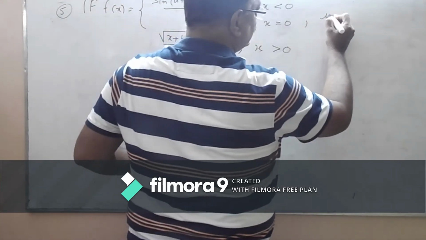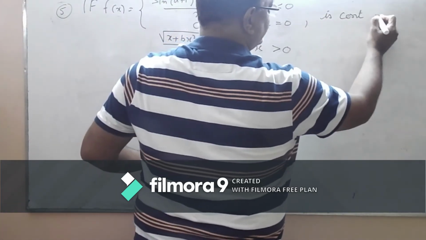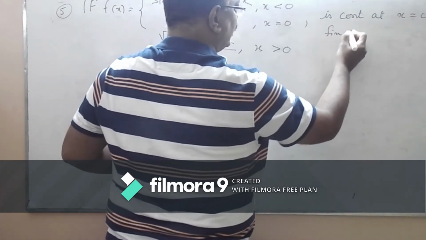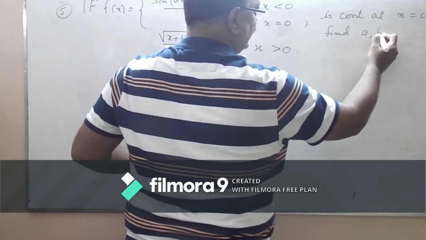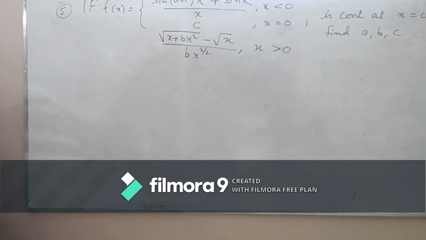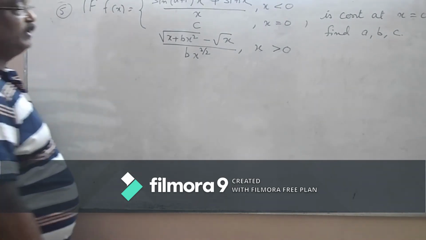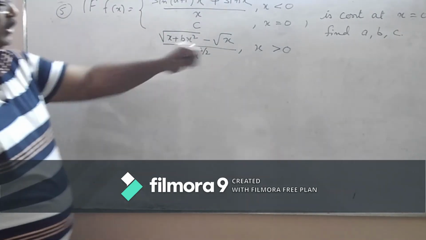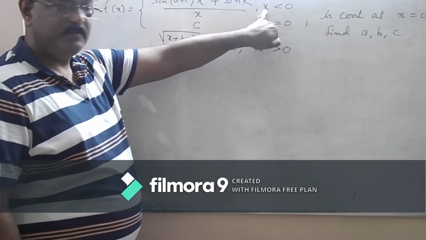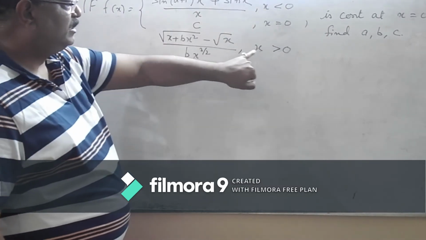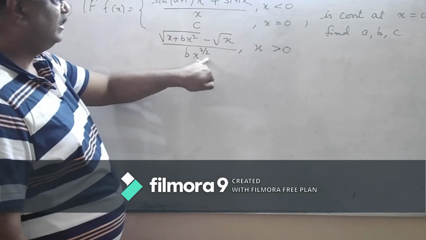This function is continuous at x equal to 0, and we have to find the value of a, b and c. So students, the left hand limit will be applied in this function. f(0) is already given as c, and the right hand limit will be applied in this function.